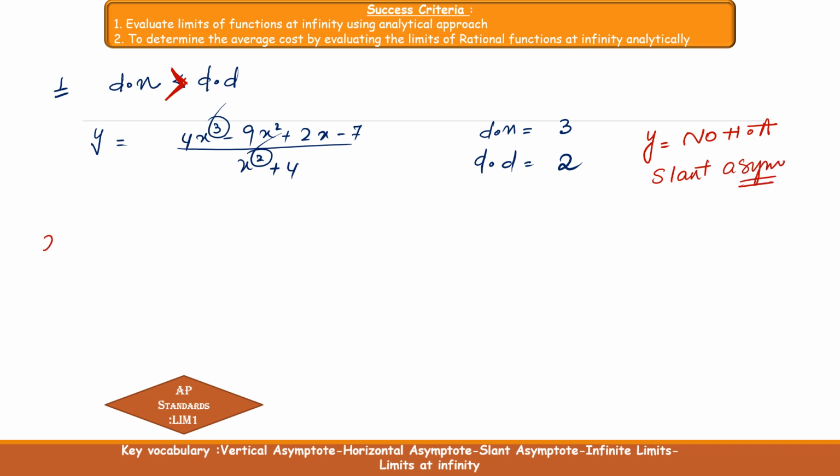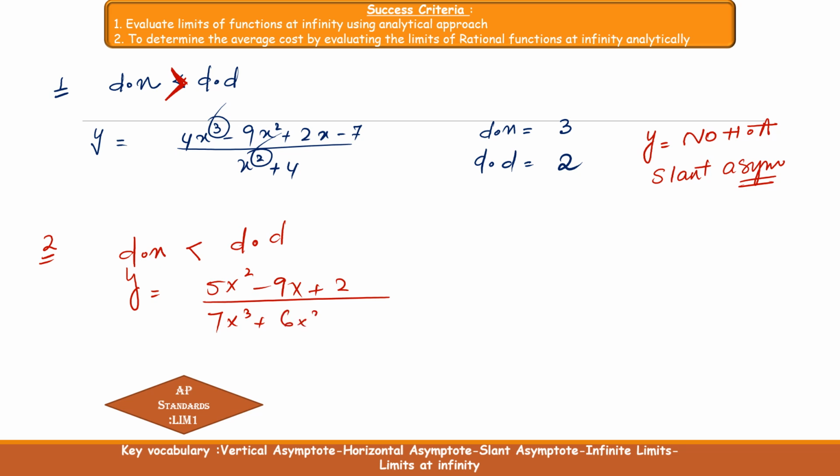Okay, second case, if I say degree of numerator is less than degree of denominator. So let's suppose my equation is 5x square minus 9x plus 2 divided by 7x cube plus 6x square minus 4x plus 7.